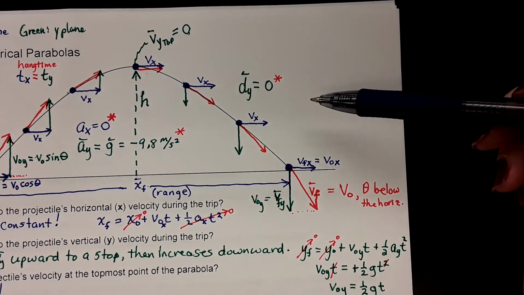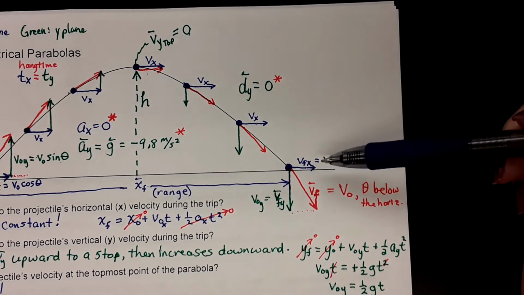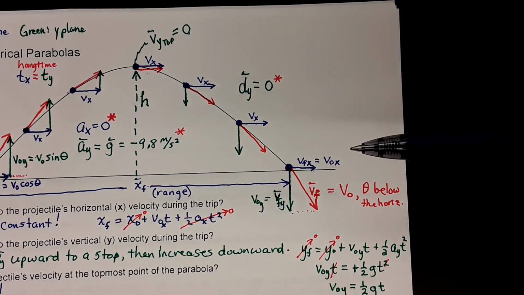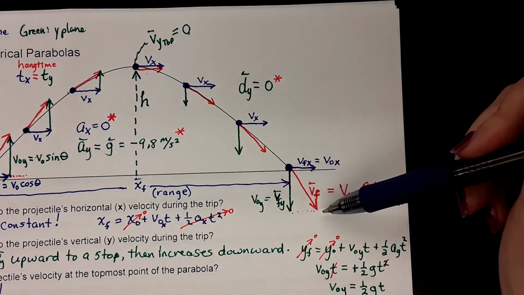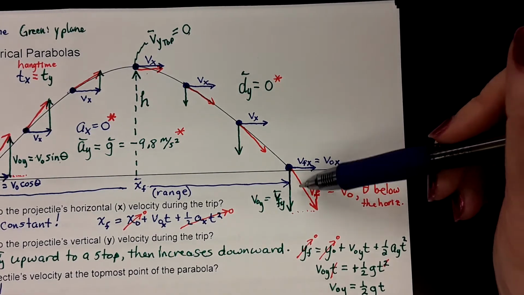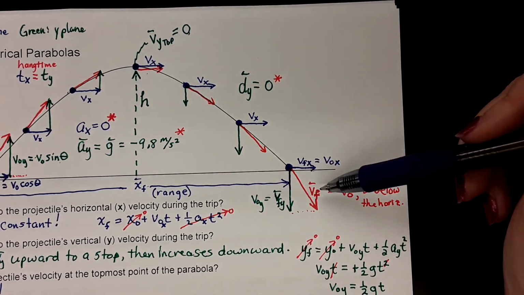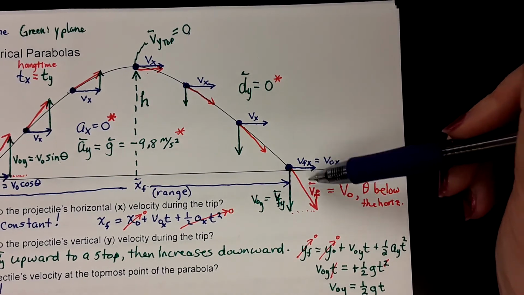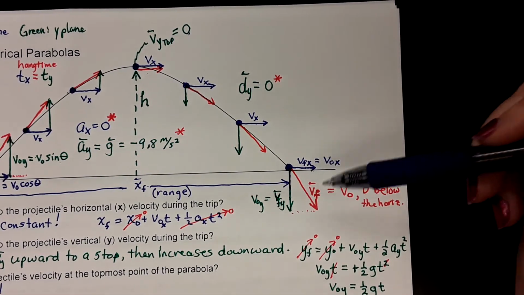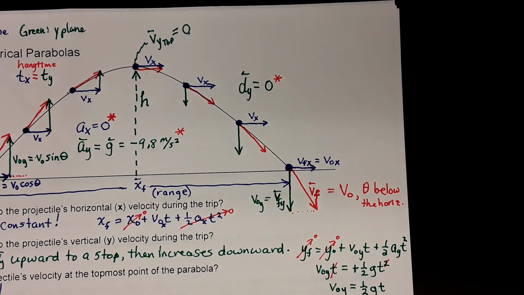No, because they didn't say determine the velocity in the horizontal plane. They didn't say determine the velocity in the vertical plane. No, they said determine the velocity. That means this one, the resultant velocity. If they don't tell you which plane, then you can assume they mean the vector sum, the combination, okay? So that's what they want us to know.